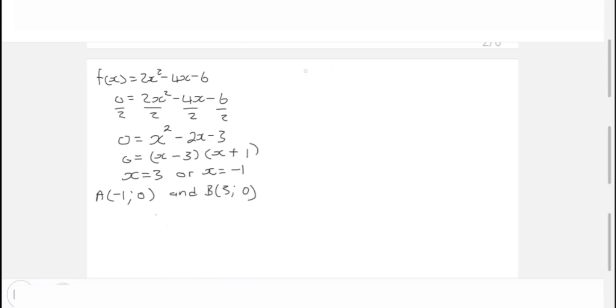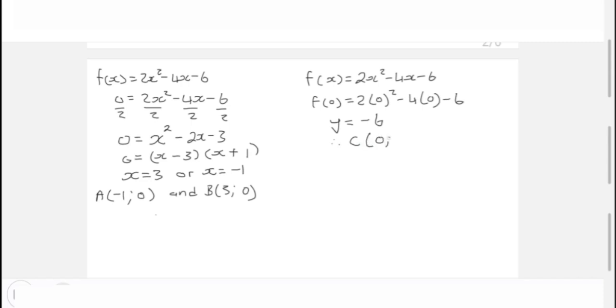So we can just rewrite the equation over here, 2x squared minus 4x minus 6, then say f of 0 is equal to 2 into 0 squared, minus 4 into 0, minus 6, which is -6. Therefore, now we know that c is 0 and -6.